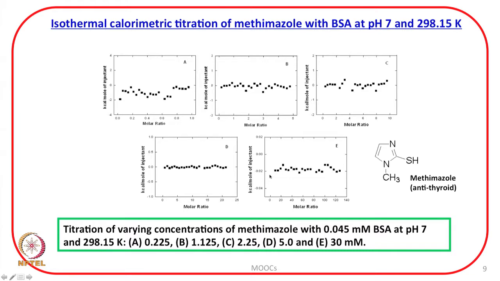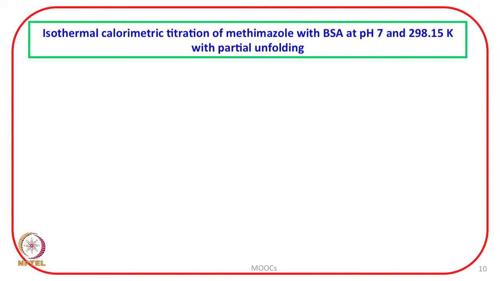And then what was tried in this report is that the conformation of serum albumin was slightly loosened by adding some additive, that is, by adding some surfactants, with the idea that if you add surfactant at certain concentration, the conformation may become slightly loose and it may offer some binding site to the incoming molecule. Let us take a look at the slide.